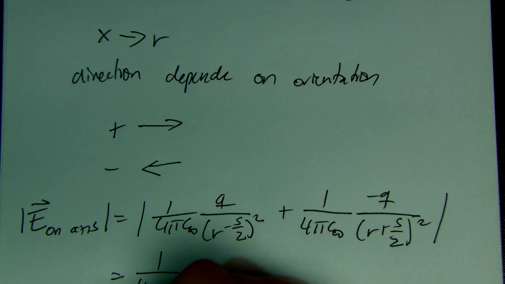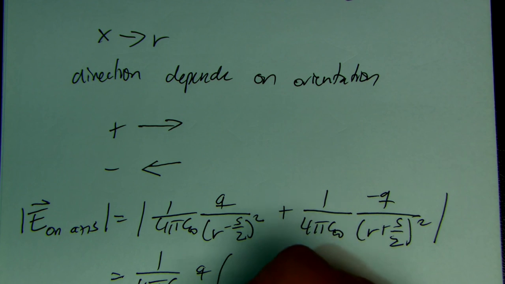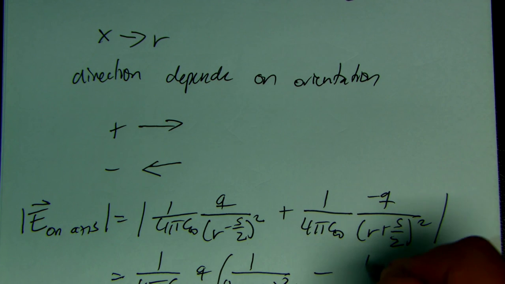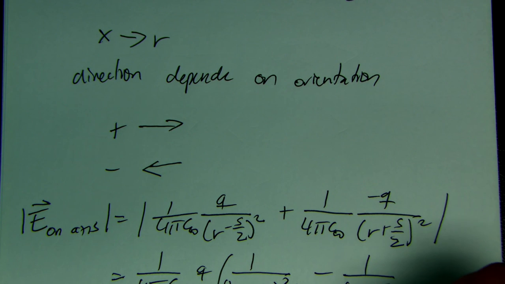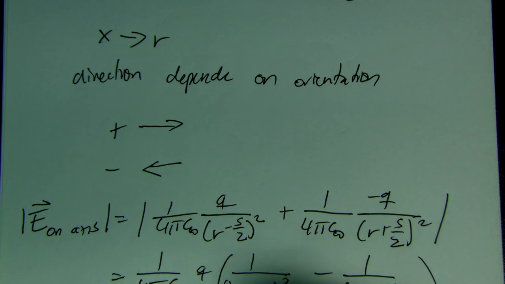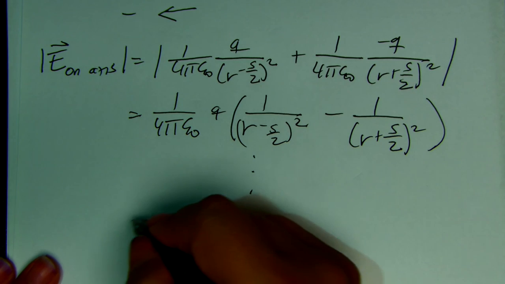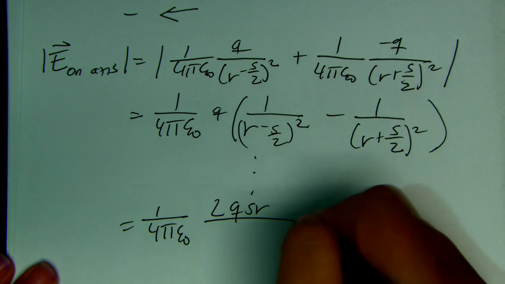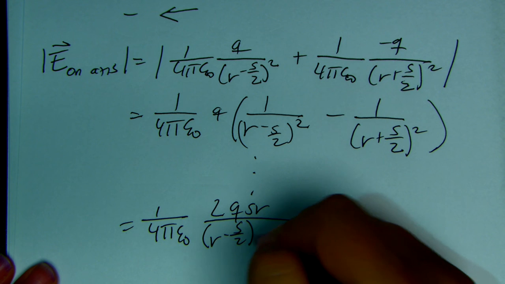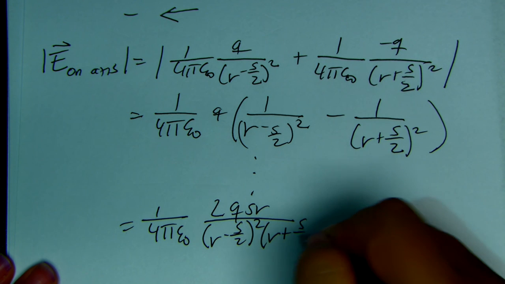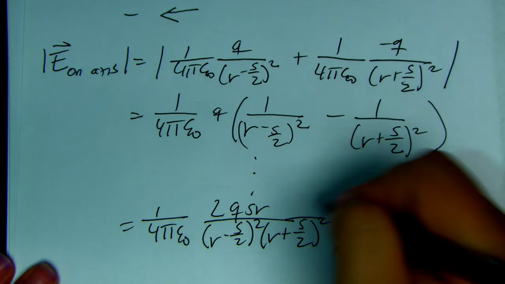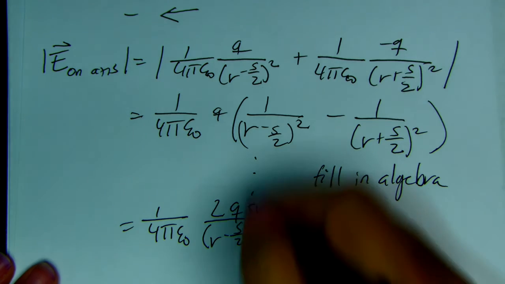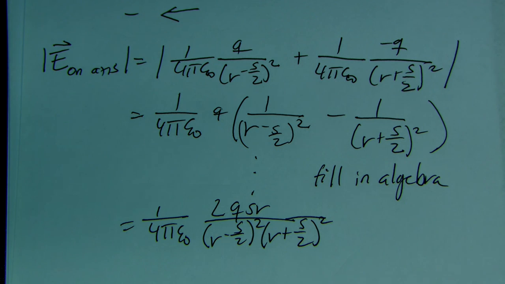This is equal to 1 over 4 pi epsilon naught q times 1 over r minus s over 2 quantity squared minus 1 over r plus s over 2 quantity squared, and this becomes 1 over 4 pi epsilon naught 2qsr over r minus s over 2 squared times r plus s over 2 quantity squared. And on your own, I want you to fill in the algebra and practice seeing how one equation becomes another equation.